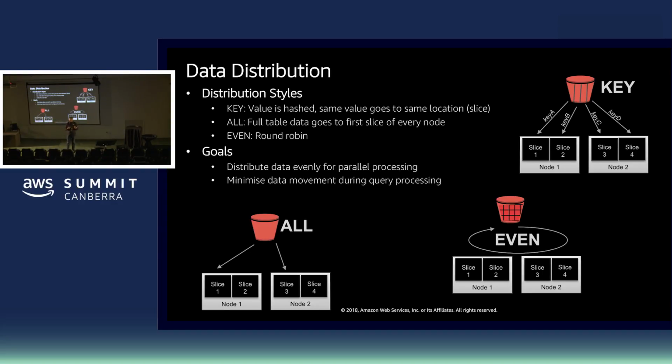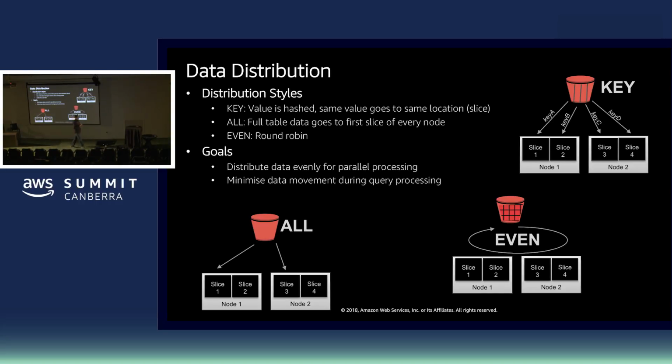You need to be careful when you use all, because you don't want to use all on a 15 billion row table. You will basically be duplicating the data into all the nodes. Whereas all may be a good distribution style for your date dimension. Your data that is less than a few million rows can be easily distributed on the all style. Right?